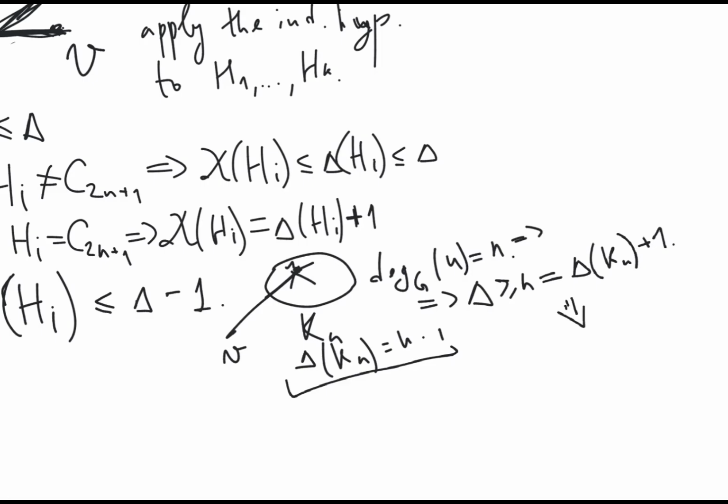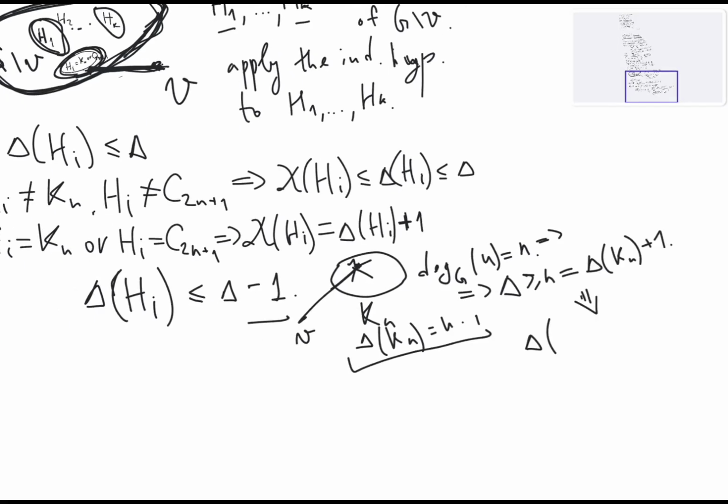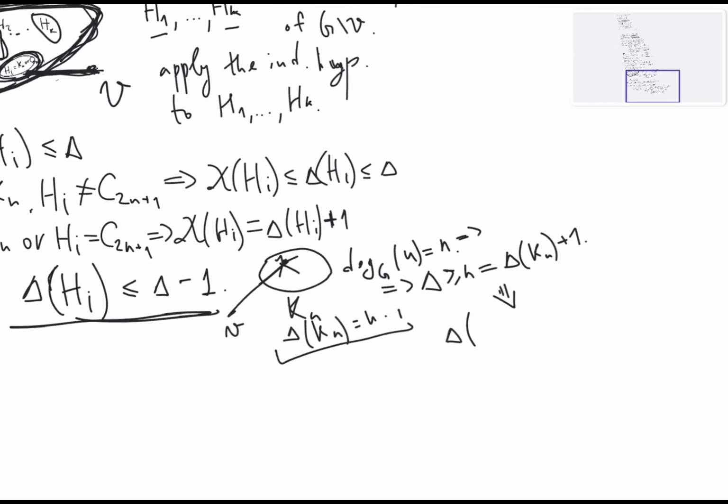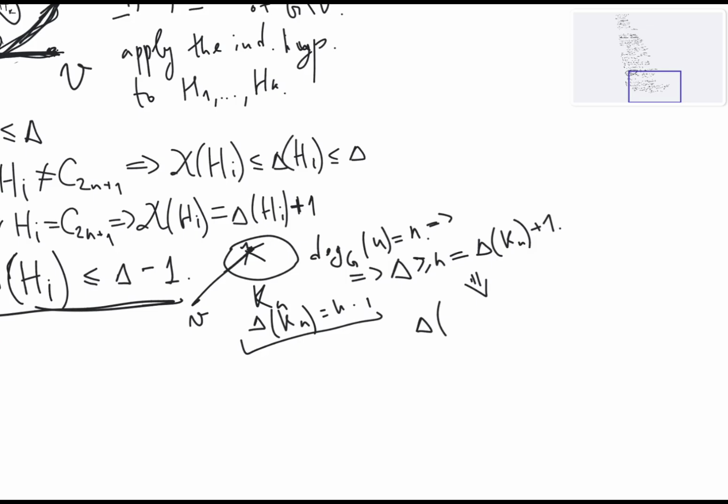And from this we conclude basically this inequality: delta of Hi plus 1 is less than or equal to delta.